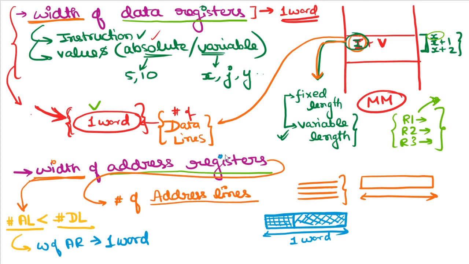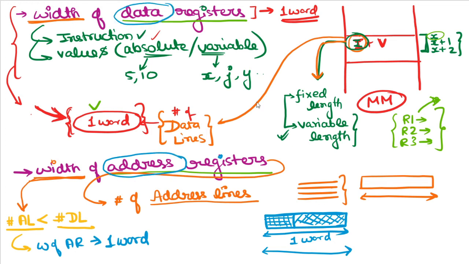Why are we making this kind of exception, trying to generalize data and address registers? This is because we have general purpose registers, and general purpose registers can store data as well as addresses. So the width of that particular type of register should not depend on either the length of address or the length of data.